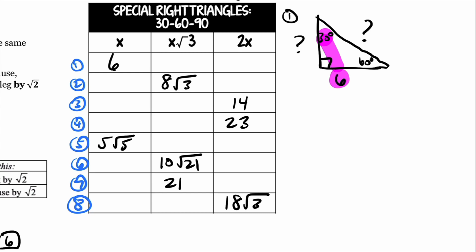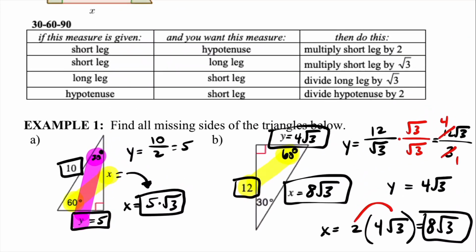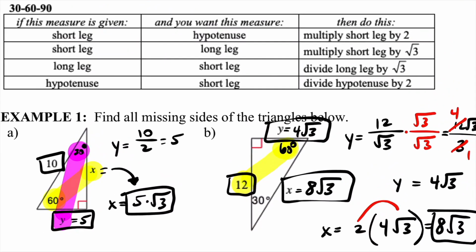Okay. So, got to find the 2 other missing parts. Well, go to the table. The table says if you're given a short leg, how do I find the hypotenuse first?